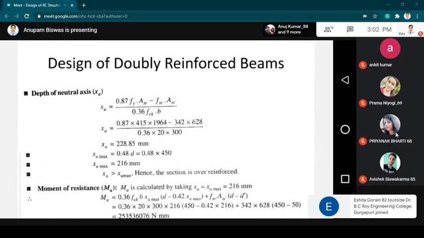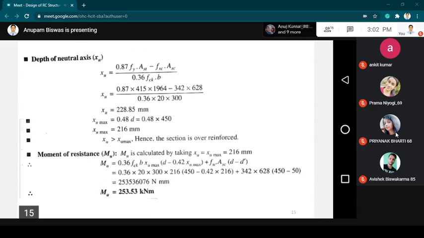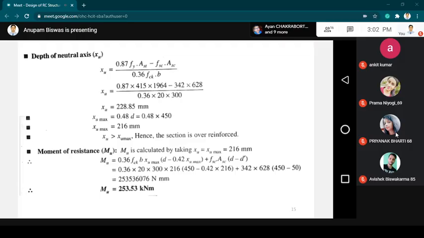So next we have to find the depth of neutral axis. We know that for the depth of neutral axis xu, the formula is xu equals 0.87 fy AST minus FSC into ASC, divided by 0.36 fck b. So from here we will find the value of neutral axis.